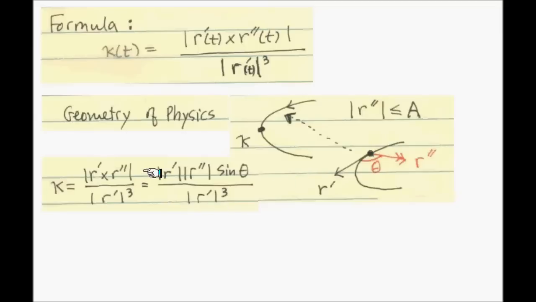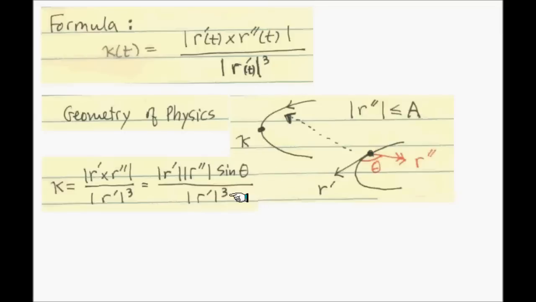In the numerator, we're looking at the absolute value of the cross product, the magnitude of the cross product. We know this is the product of those magnitudes times the value of the sine, where this theta is the angle between the velocity vector and acceleration vectors. And so we've got everything.